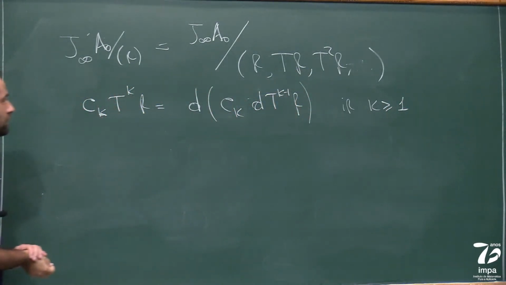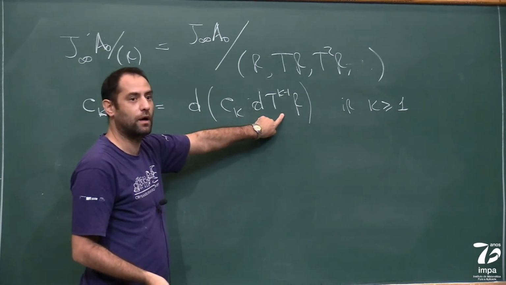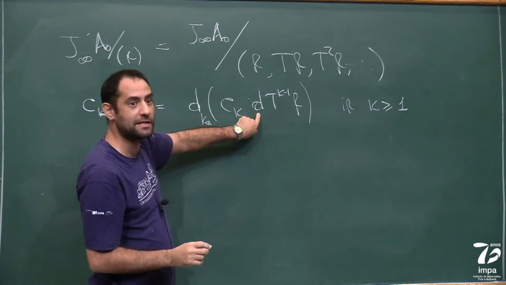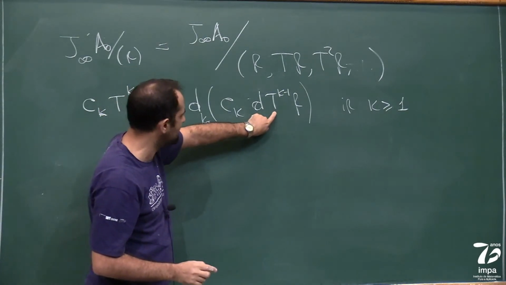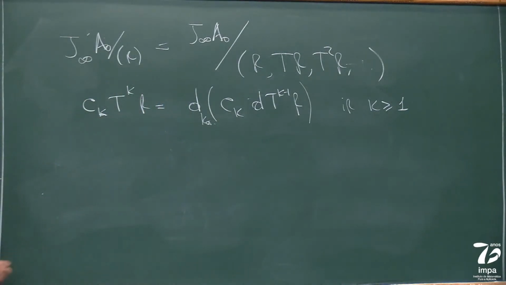So whenever I see a d, I put a t. The differential of this thing is replacing this d by a t, which gives me t to the k minus 1 times t, which is t to the k of f, which is this.